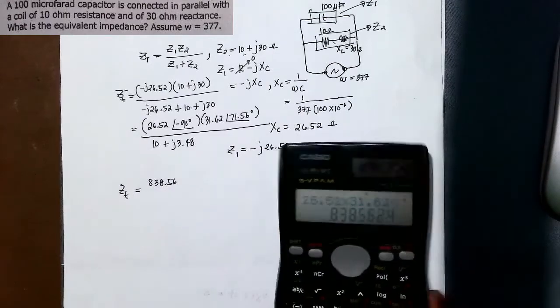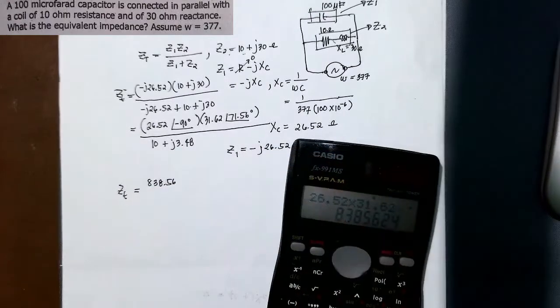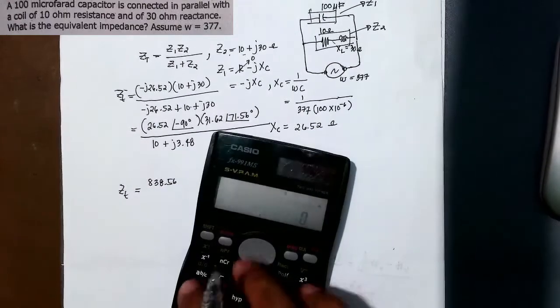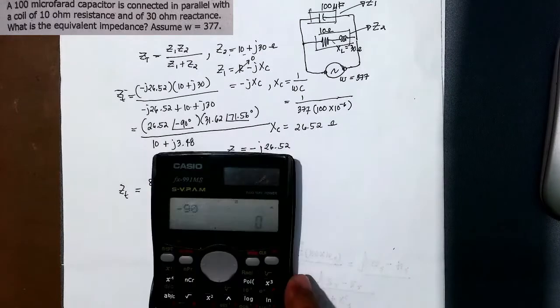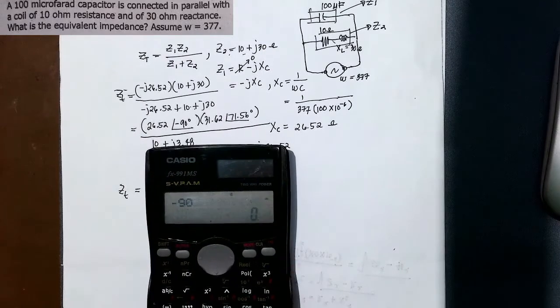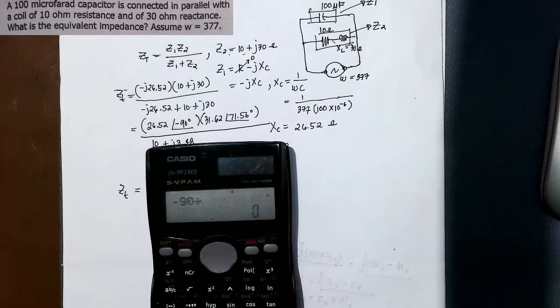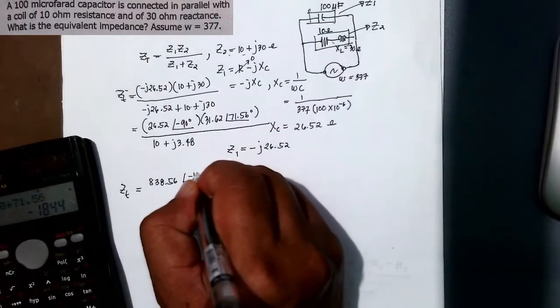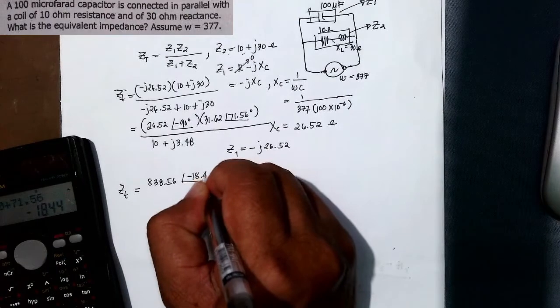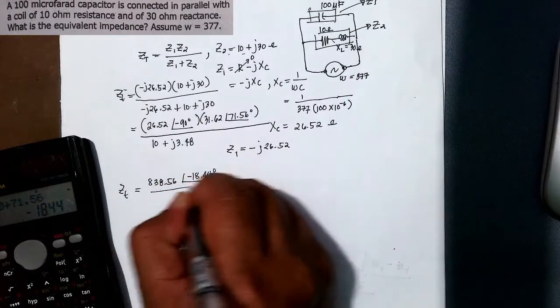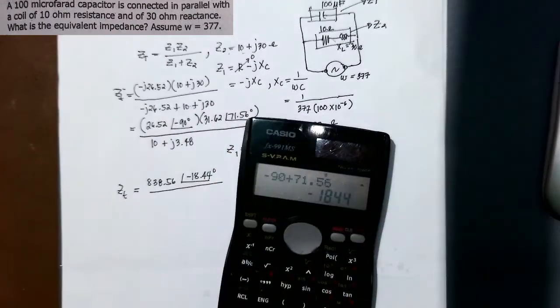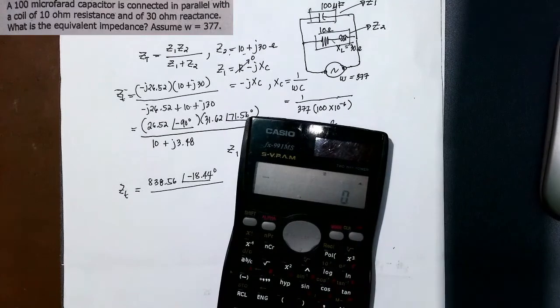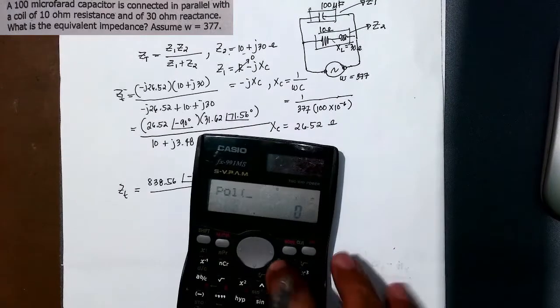For the angle part we just add, so that will be negative 90 plus 71.56, so cis of negative 18.44 degrees.